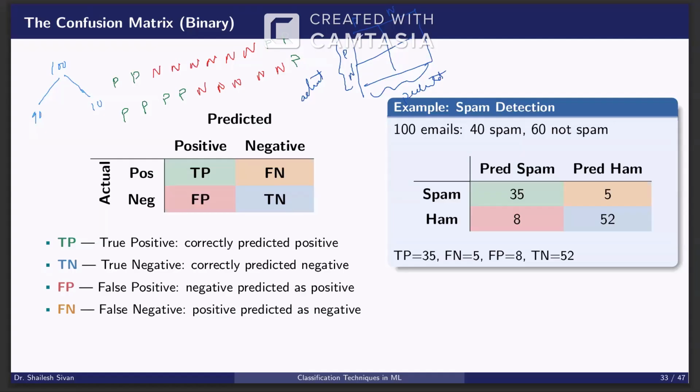That measure is called true positive. What is that? 3. True positive. And this is actually positive, but predicted as negative. So these are false negatives. And what about this? They are actually negative, but predicted as positive. So they are false positives. And this is true negative.